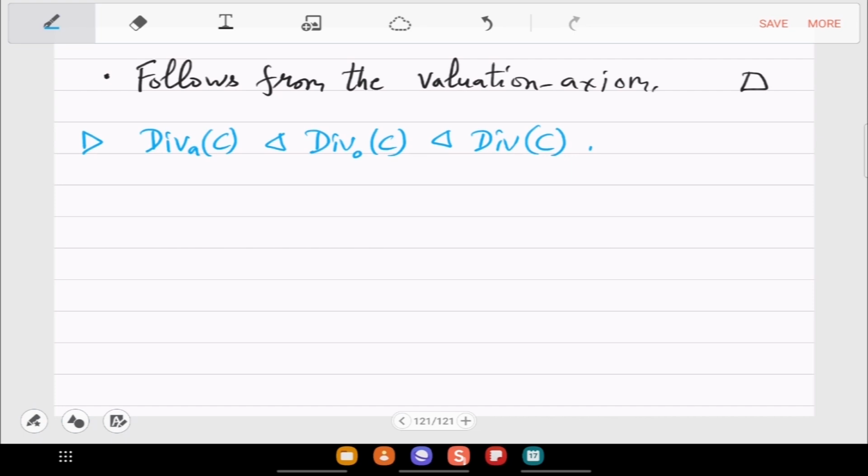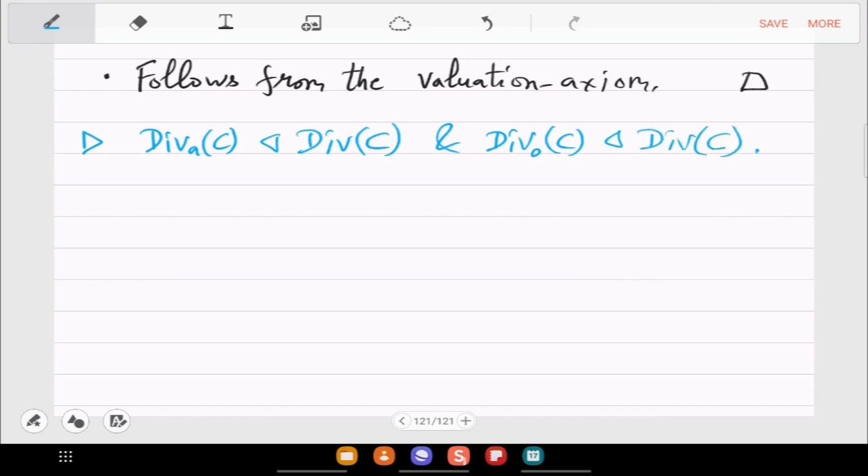Let me not claim it here. Right now I just know that this is a subgroup of div C, and div 0 is of course a subgroup of div C. So these are the things we immediately know: the set of principal divisors gives you a subgroup of the divisor group, and degree 0 also gives you a subgroup.